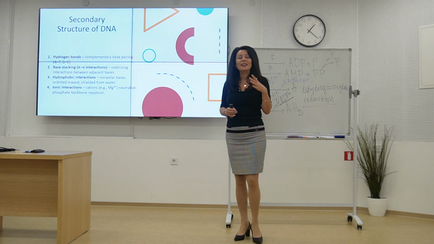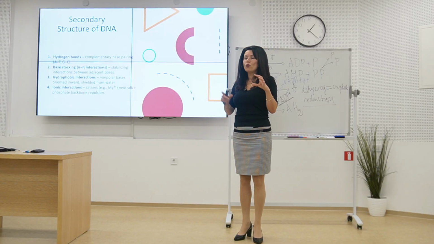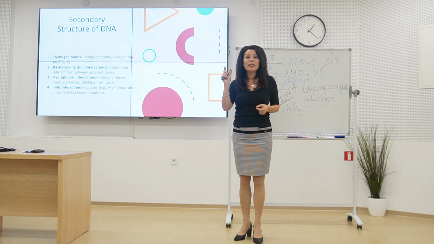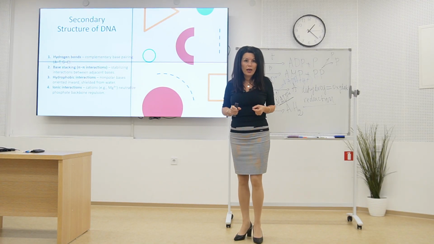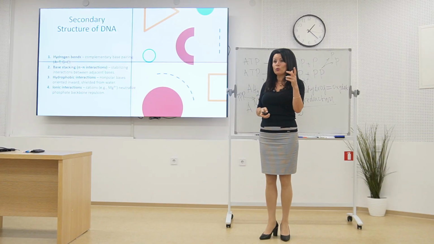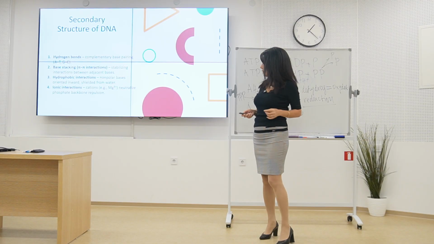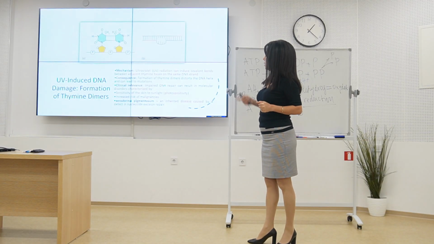Actually, magnesium is used for the stabilization of the external phosphate atoms in the ATP, and in all reactions where there is participation of ATP, there is magnesium. Obligatory, there is magnesium. You'll see this.